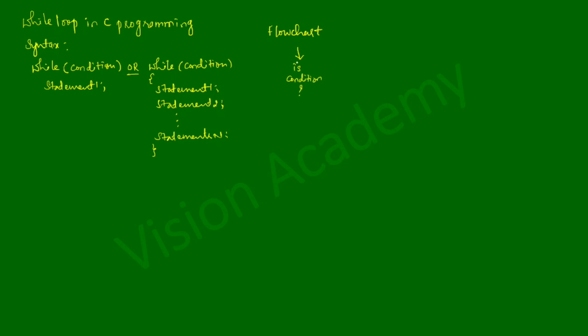If it is true, then what is going to happen? If it is false, then what is going to happen? So if the condition is true, then statement 1 will get executed. I'm going to write here statement 1. It should be written in a rectangular box.